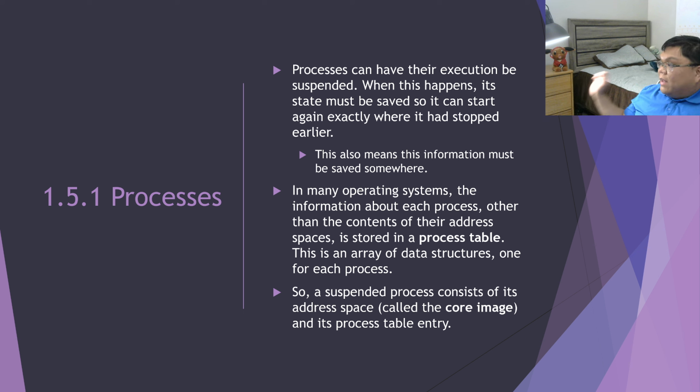So a suspended process consists of its address space, called the core image, and its entry in the process table. We need all this information so that when the operating system decides we can continue with this program again, it'll just start up where it left off.